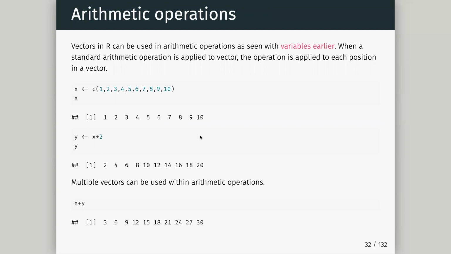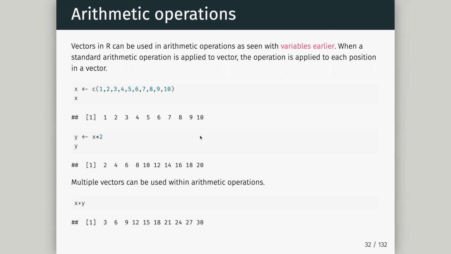Just as we saw earlier, we can use these length-one variables for arithmetic operations. I had x and did a square root of it, or I can add a number to it. I can actually do arithmetic operations on a whole vector at one time. So here, if I have a vector of numbers, just 1 to 10, I might want to multiply every value in that vector by 2.